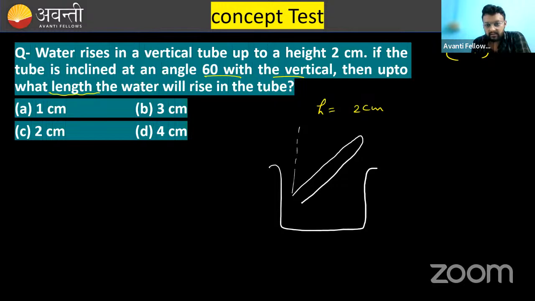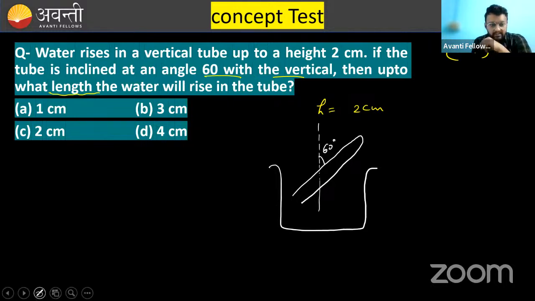You can see that the tube is inclined at an angle of 60 degrees from the vertical.